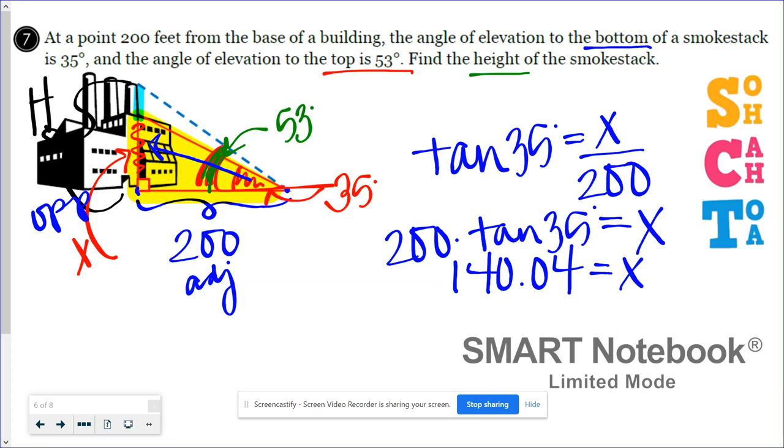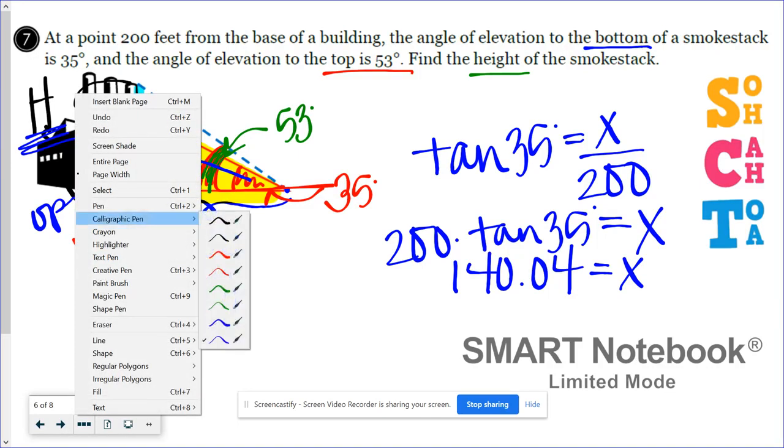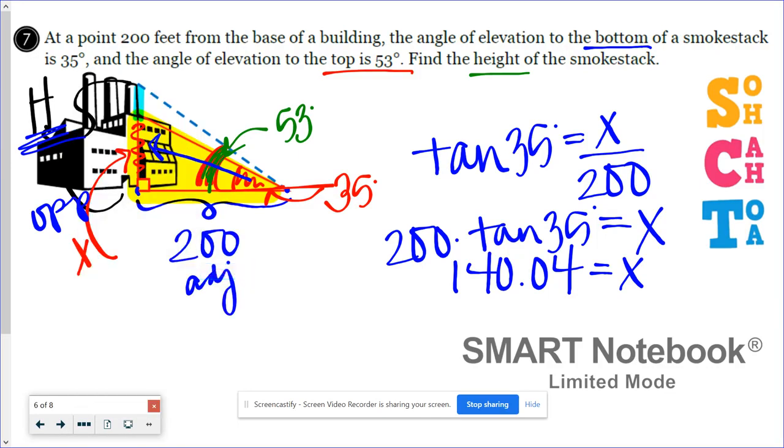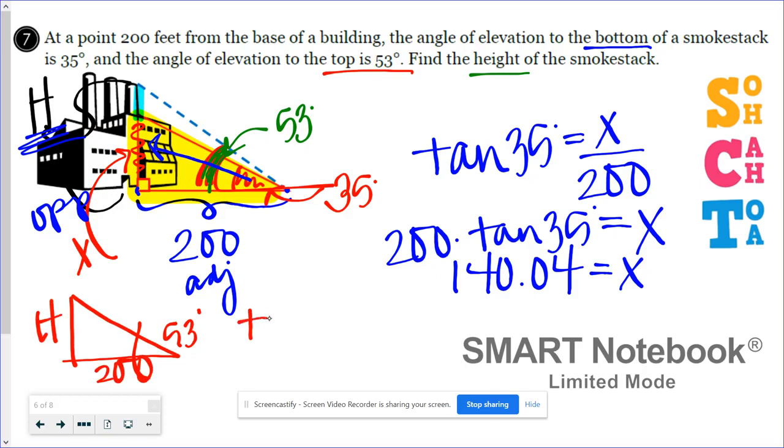I can also find the total height, what I call big H. And I can find that total height because I have that 53-degree angle. Remember, the whole big angle is 53. The horizontal side is 200. And big H is representing the height of the building with the smokestack. So I can once again write a tangent equation.